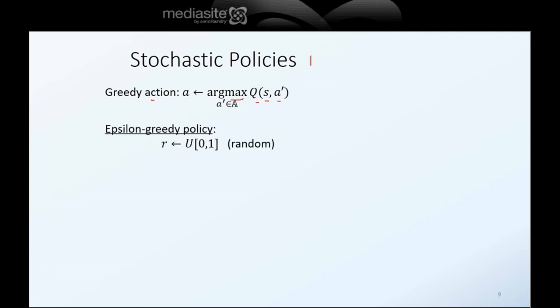Now, epsilon greedy policy is one of the well-known stochastic policies. We draw at random a number R which is uniformly distributed in the interval 0 to 1. If R is less than epsilon, where epsilon is a predefined constant, then we pick a greedy action.